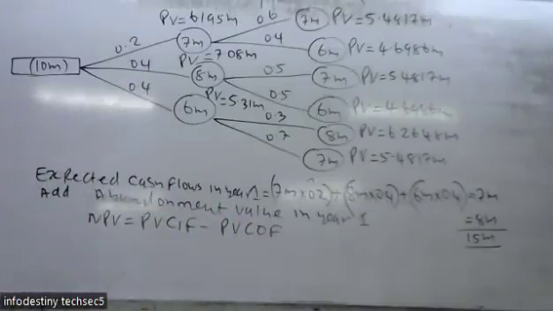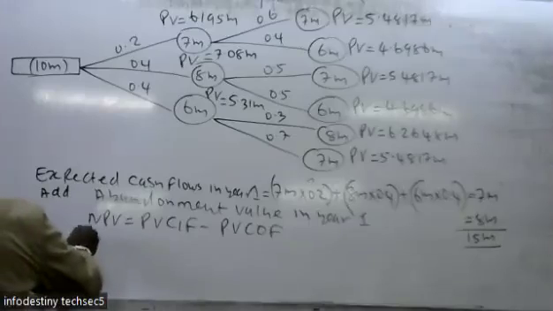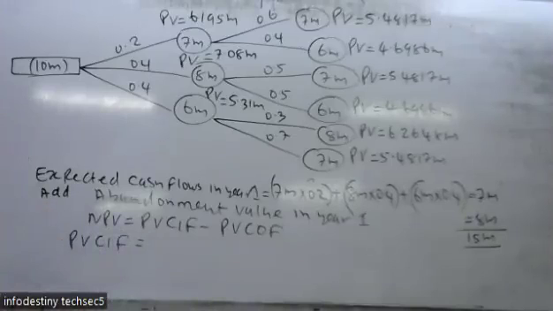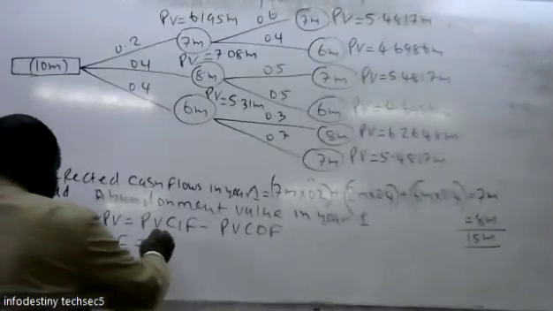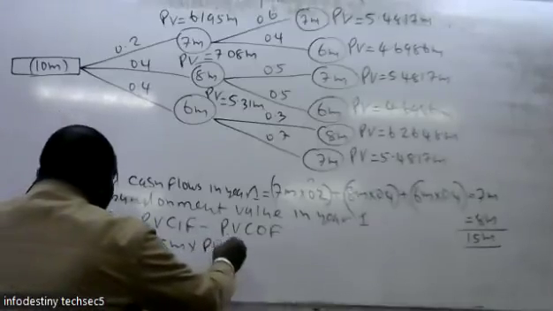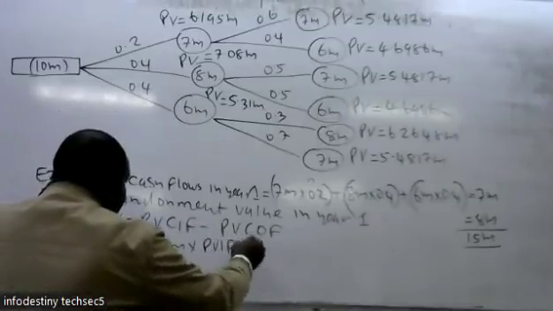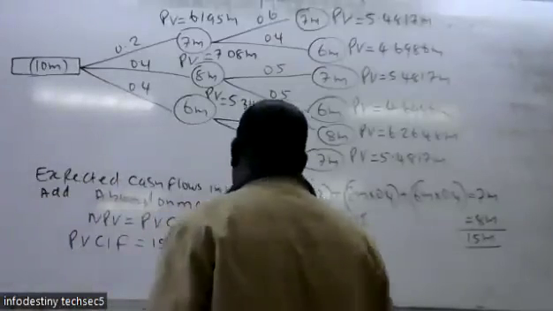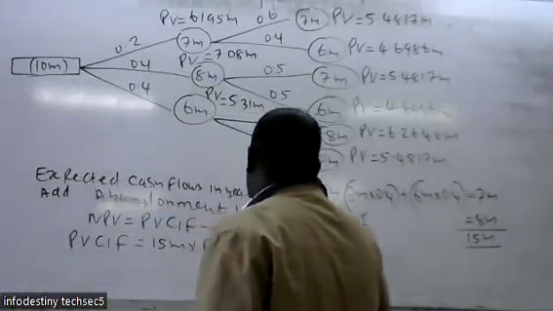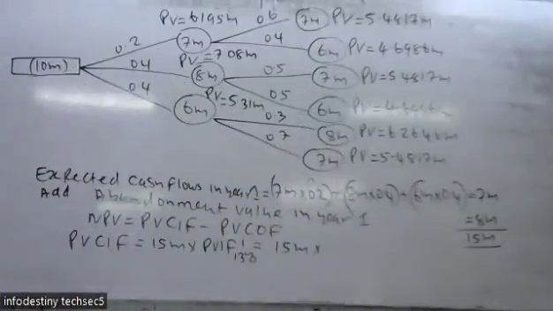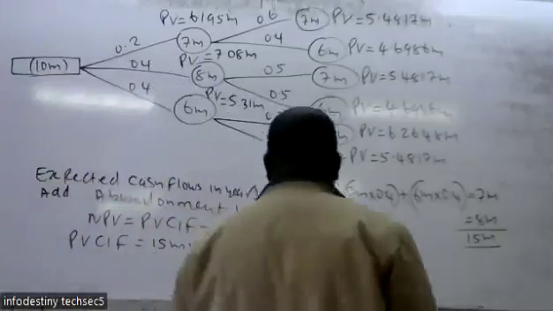So we abandon it at the end of year one. For the present value of the cash inflows, we simply take that 15 million. We discount it at the present value interest factor, 13% in year one. So remind me, what was the 13% in year one?